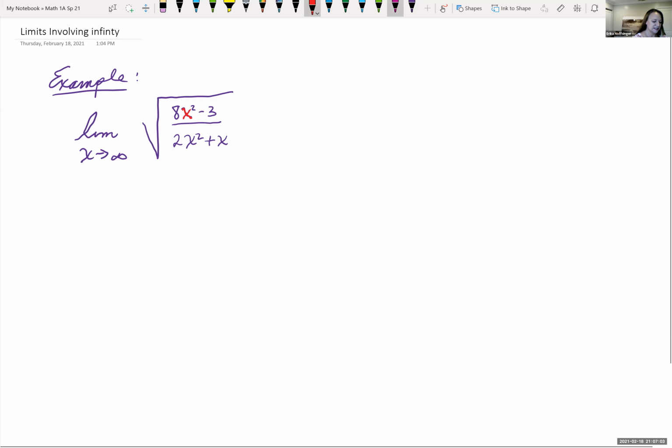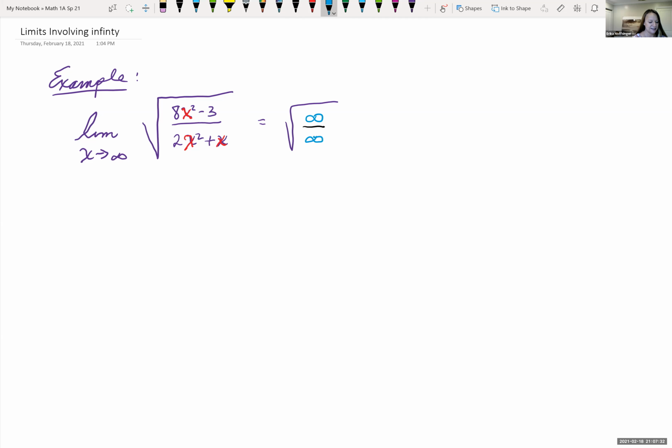So this would be like the square root, and my numerator is technically going off to infinity. Then in my denominator, I put in 2 times infinity squared plus infinity, so it's also growing off to infinity.